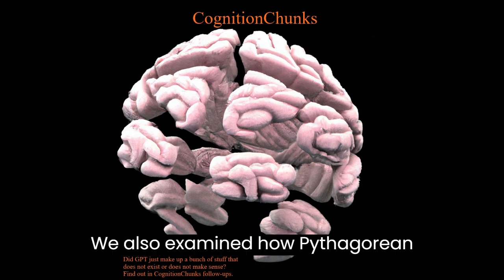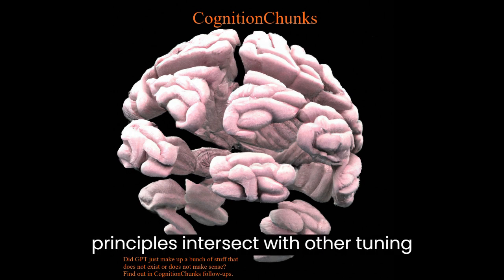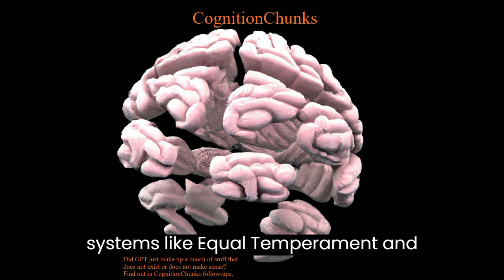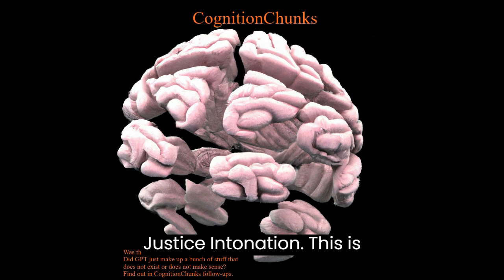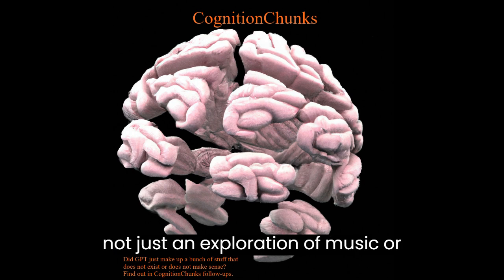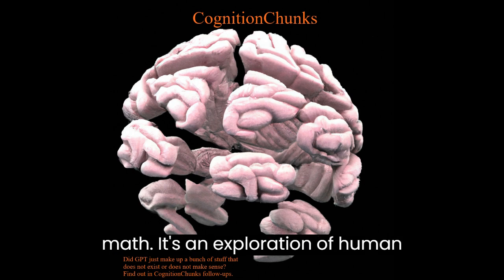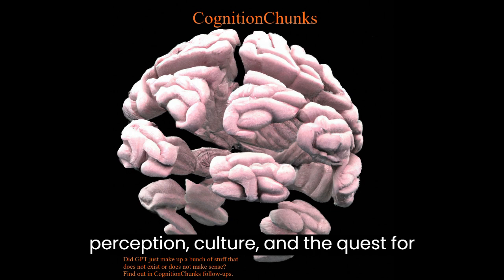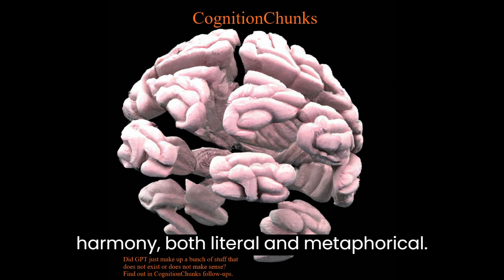We also examined how Pythagorean principles intersect with other tuning systems like equal temperament and just intonation. This is not just an exploration of music or math, it's an exploration of human perception, culture, and the quest for harmony, both literal and metaphorical.